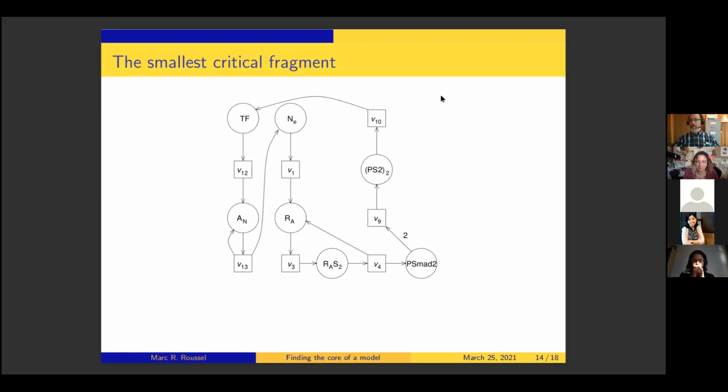Okay, now the other thing that was interesting, and so let me just run around this real quick. So here's nodal. Then we've got the signaling system with SMAD2. This is the nodal gene over here. There's no lefty in here, and so you can in fact completely remove lefty from this network, and in that case, it turns out that this critical fragment, its order exactly matches the number of independent species in a nodal only model.